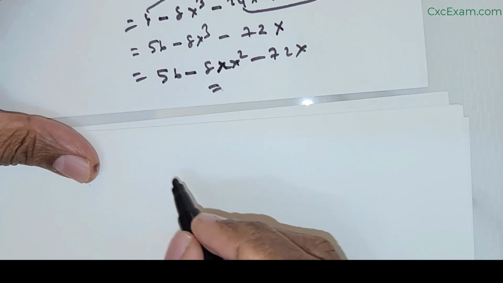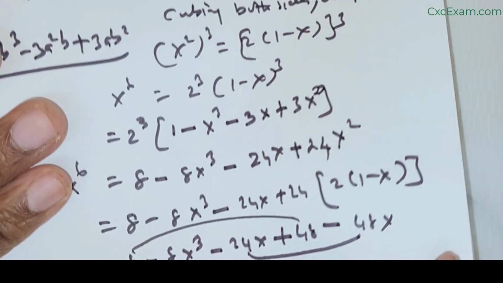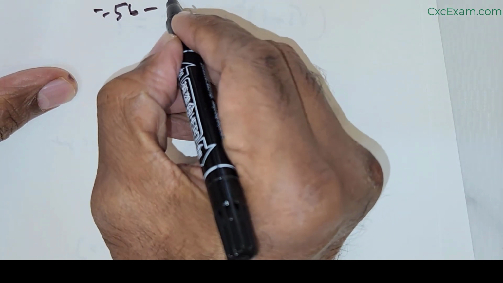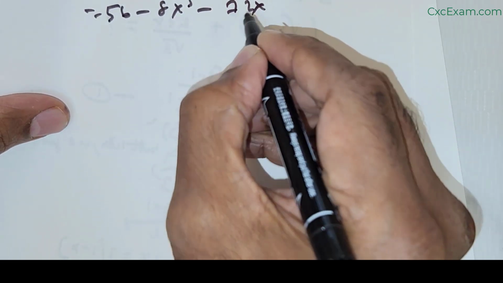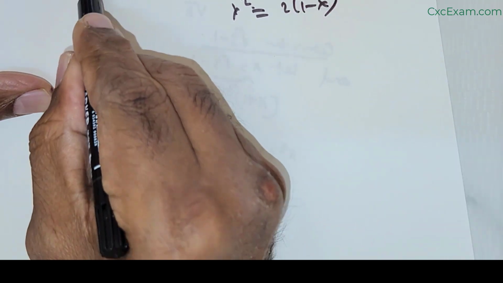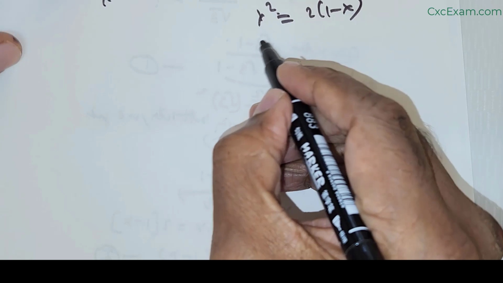So what I will do is go to this page and get 56 − 72x − 8x³, and x² is equal to 2 upon x. So on the left is x⁶.